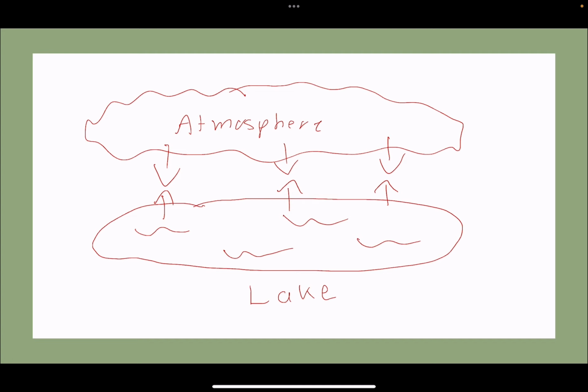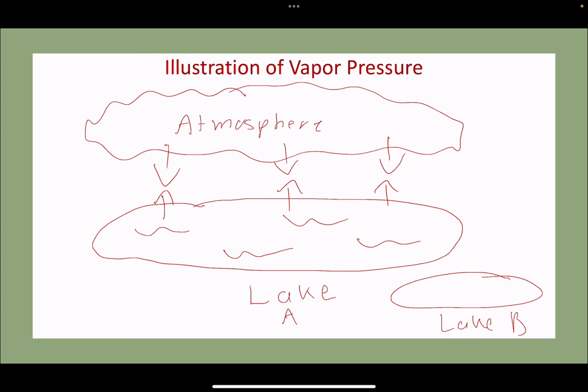Now let's look at a second lake. We'll label this one Lake A, and the second one will be Lake B. Lake B is a saltwater lake.